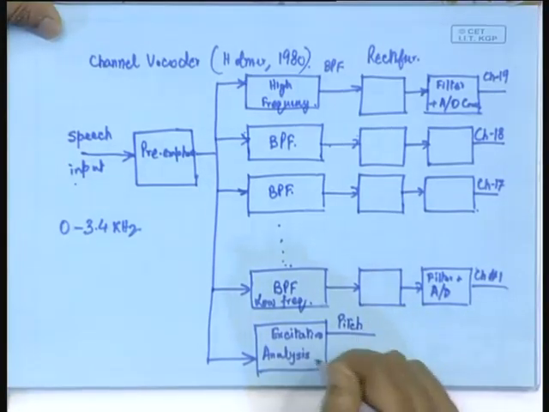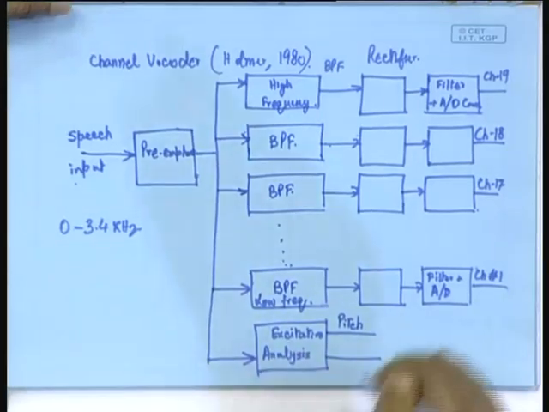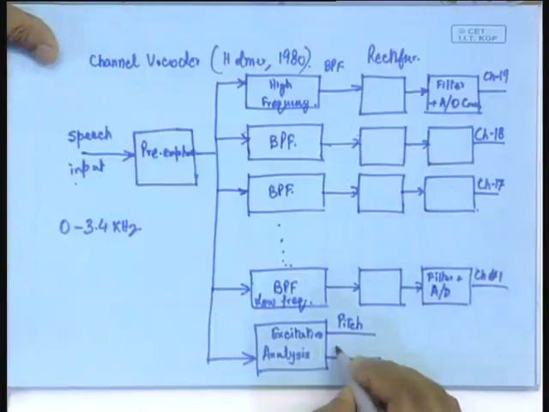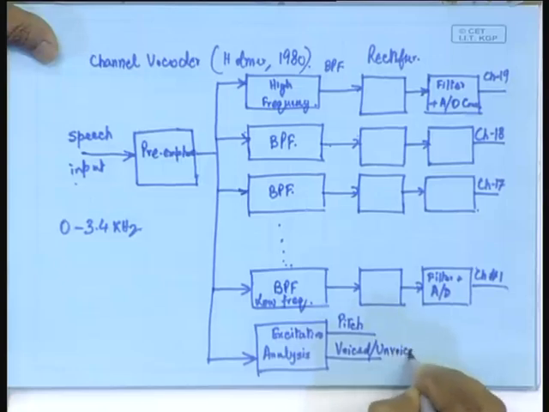At the end, pitch will be extracted out of this, and not only that, the excitation analysis block is also going to find out whether the speech signal present here is voiced speech or unvoiced speech. So, we are going to have that decision available from this excitation analysis block, the voiced and unvoiced decision.